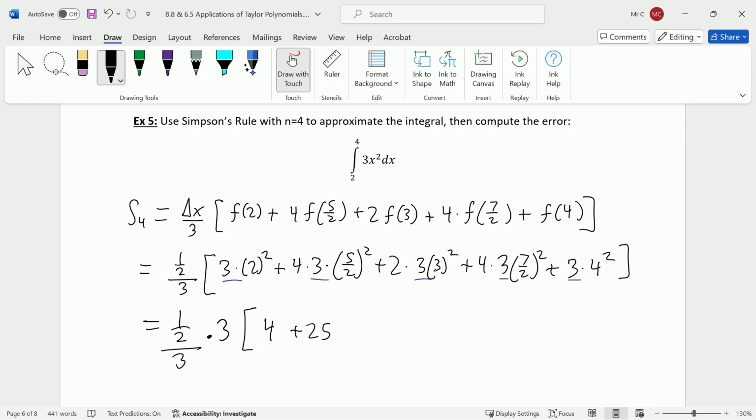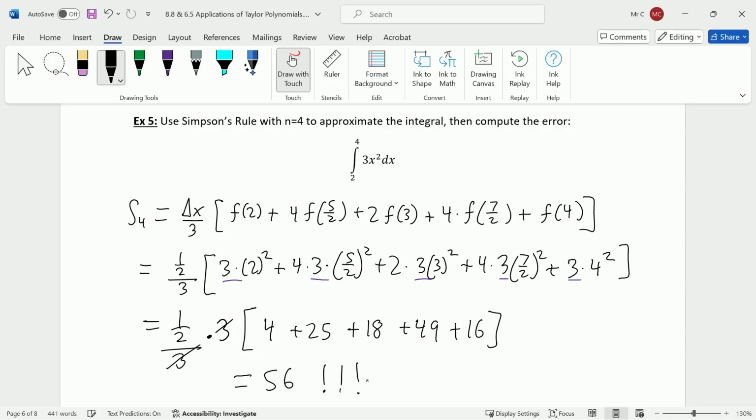And then here I get 2 times 9, which is 18. And here I get 4 times 49 over 4, which is just 49. And here I get 16. Remember, I've already factored out the 3. Those 3's cancel. And boom, add that all up, divide it by 2, and we get 56.